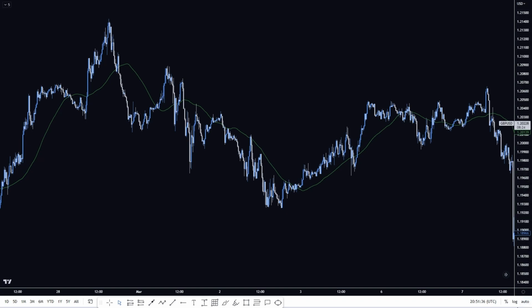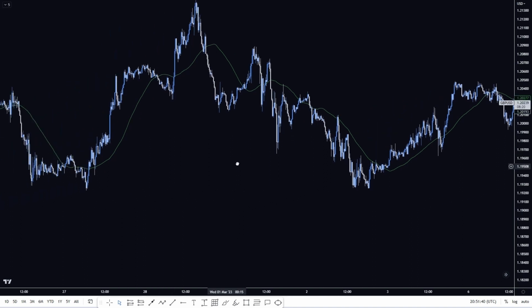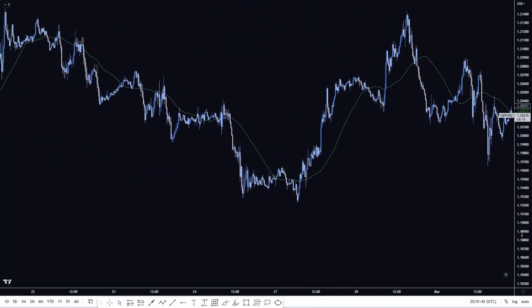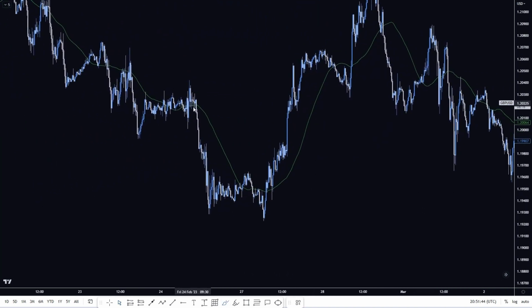So if we just have a little look through price action and the ways in which it reacts to this 50 MA, what you'll see is general areas where price is trading underneath. When it breaks down, you'll see that it trades above here, holding, it breaks down slightly, breaks above, breaks back down again.